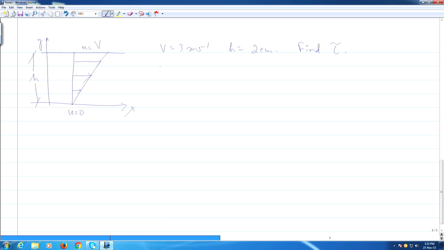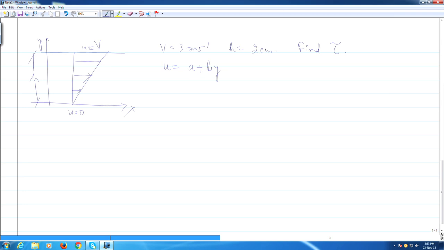Here the velocity is a linear curve. It's basically a straight line, so I'm going to say u is equal to a plus by, where a and b are constants.